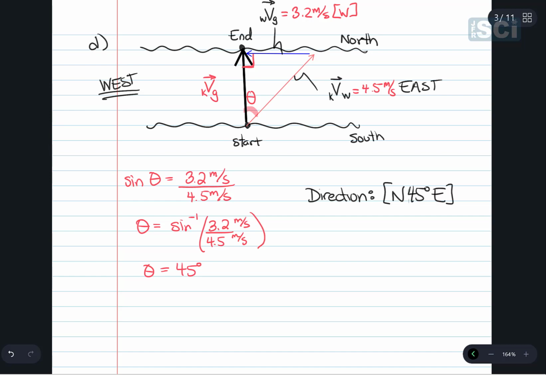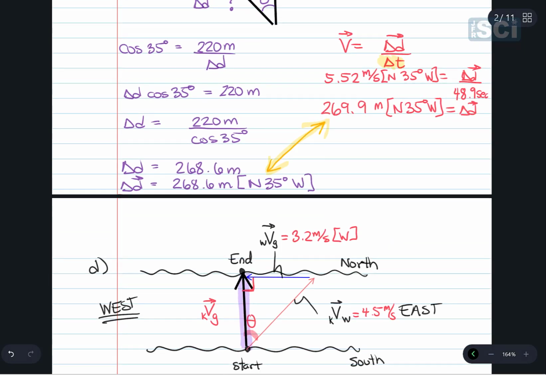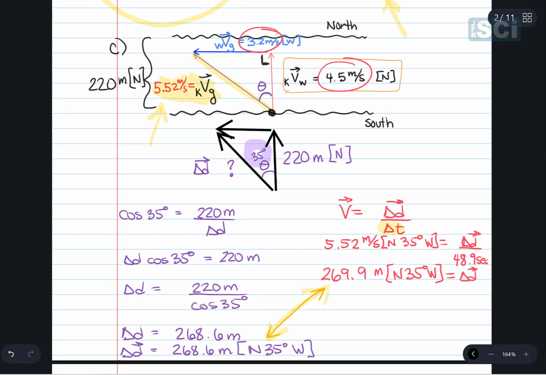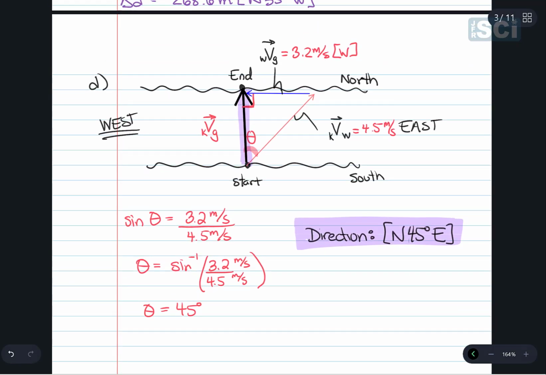That's what direction I need to point my boat in order for the current to push me back so that I end up going straight across the river. Okay, you'll notice that this angle, 45 degrees, is not the same angle that we got earlier of 35. And this is because part of my speed or velocity is getting put into fighting that current.